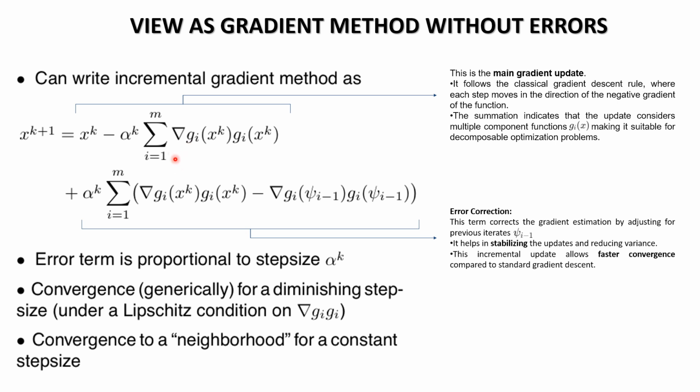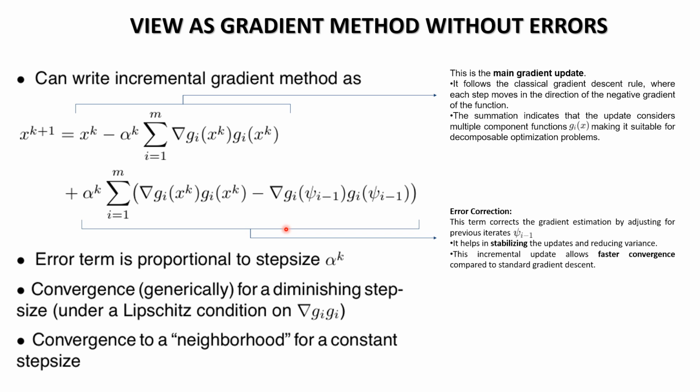And the summation indicates that the update considers multiple component functions, g_i of x, making it suitable for decomposable optimization problems. The error term corrects the gradient estimation by adjusting for previous iterates, x_{i-1}. It helps in stabilizing the updates and reducing variance. This incremental update allows faster convergence compared to standard gradient descent.